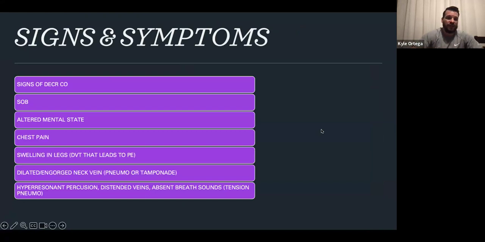Signs and symptoms of decreased cardiac output include shortness of breath, altered mental state, chest pain, swelling in the legs, which is a DVT that leads to pulmonary embolism, and dilated, engorged neck veins, which could signal pneumothorax or cardiac tamponade, because the engorged neck vein reflects the inability of the blood to return to the heart. Then hyperresonant percussion, distended veins, and absent breath sounds are all the telltale signs of a pneumothorax.